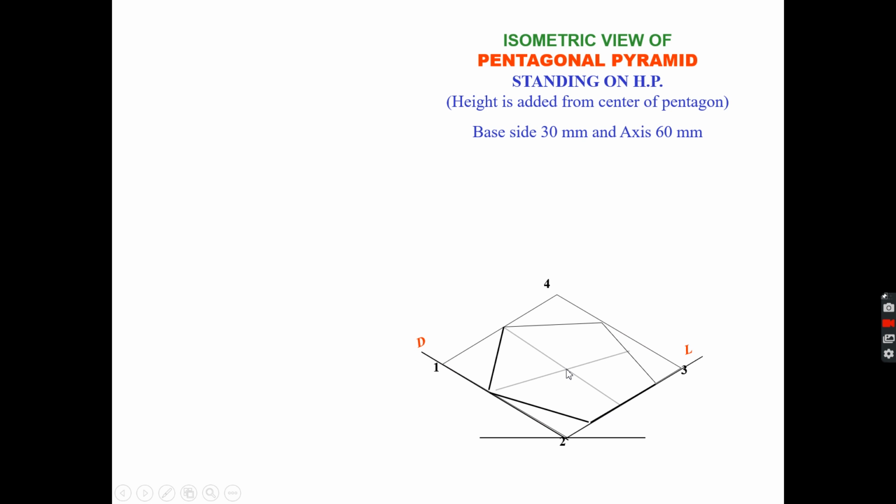So now from this center point you can draw the axis whose length is nothing but 60 mm. Now it is a pyramid, so you can join all the base corners from the top of the axis.